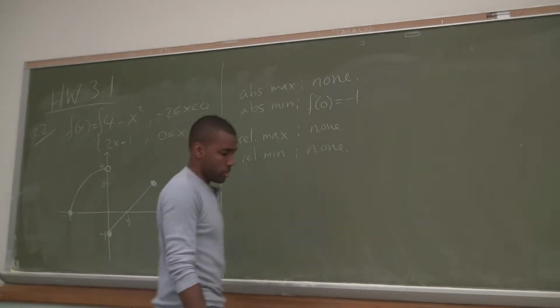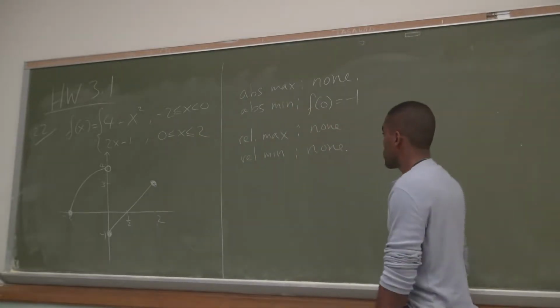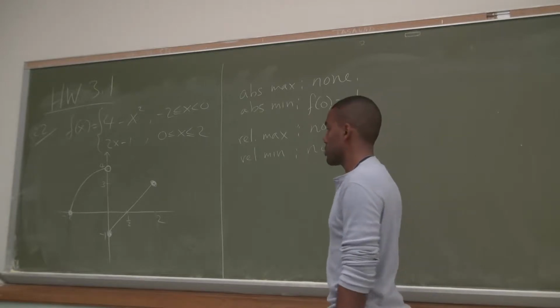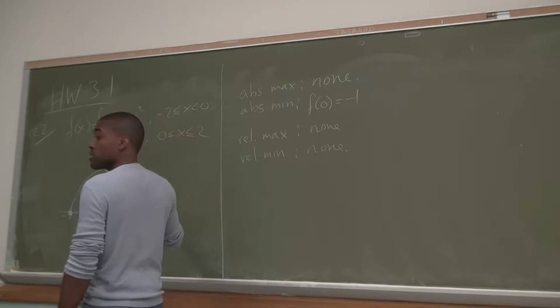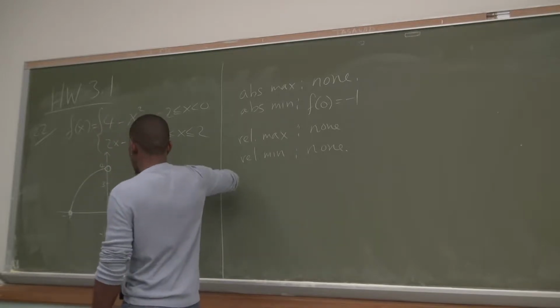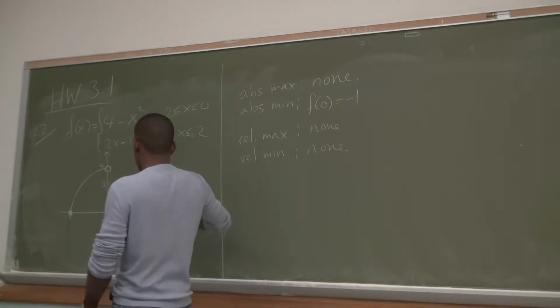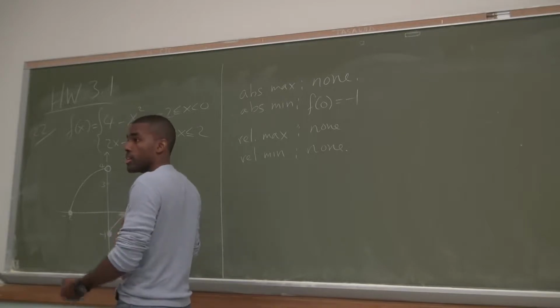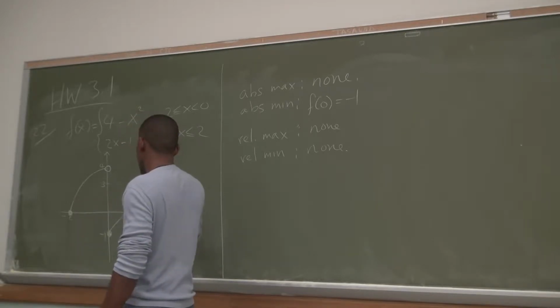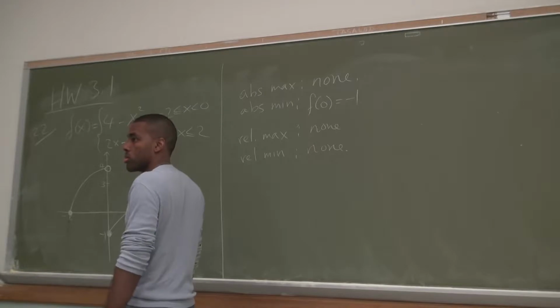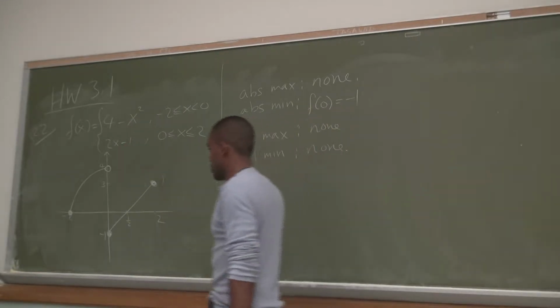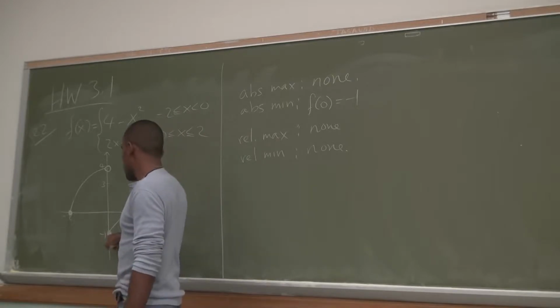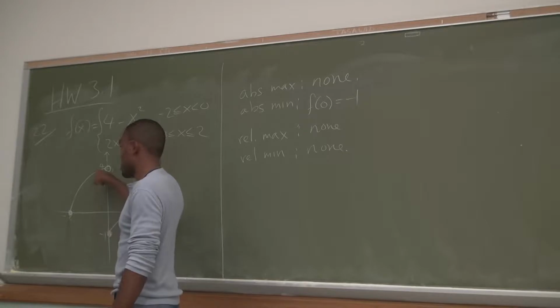Not by our definition. Isn't the one at 2, 3 a relative max? Yes, but no, there's no one to the right. Remember, our definition says you have to look at points to the left and right, all points close by, but there's no one on this side. Same reason this one is not a relative minimum. He's smaller than all guys on his right, but the guys on his left are all bigger than him.